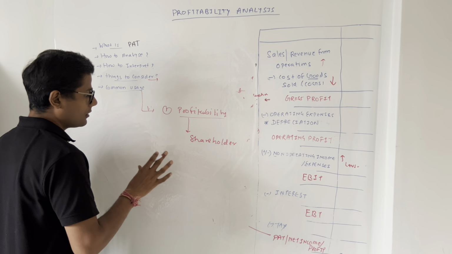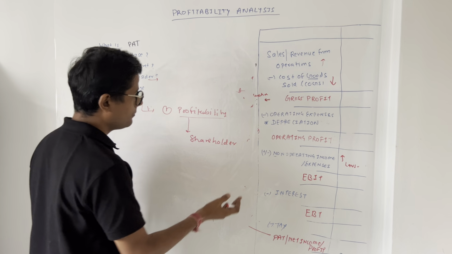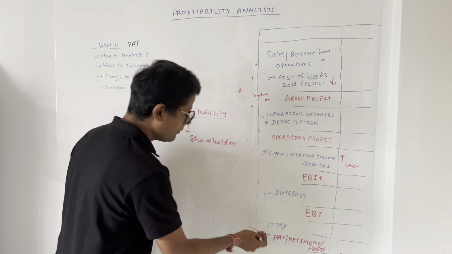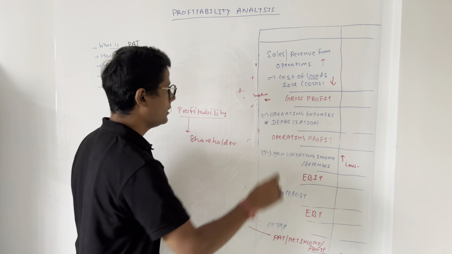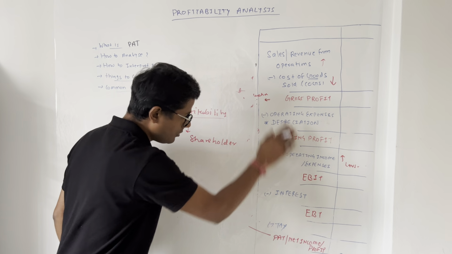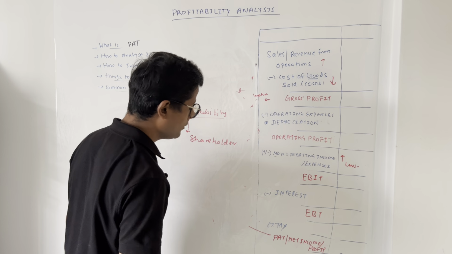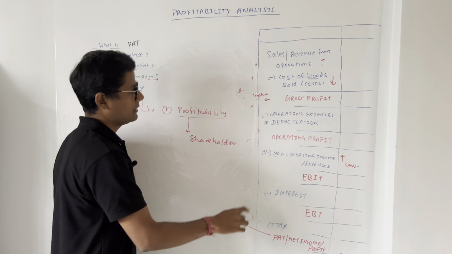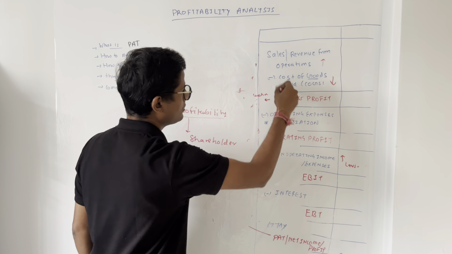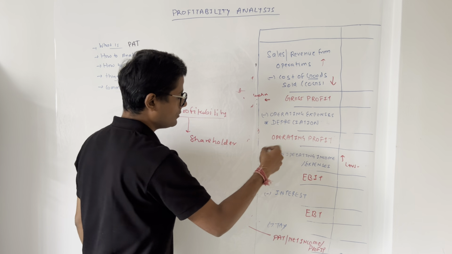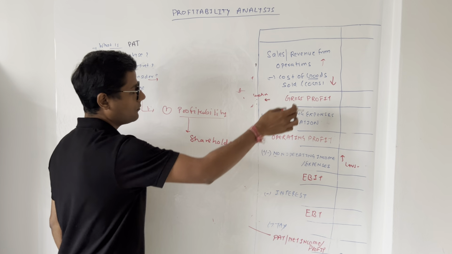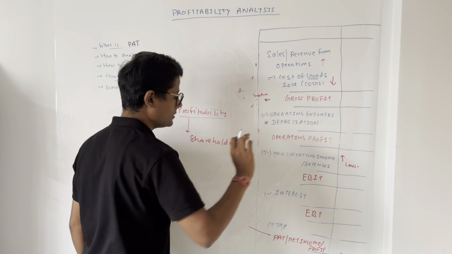Why? As I said previously also, this is the profit which is available for shareholders, because we had a revenue, we deduct all the expenses and this is what remains for shareholders. All this cost, like cost of goods sold, operating expense, non-operating expense, all this happens for running the business, right?